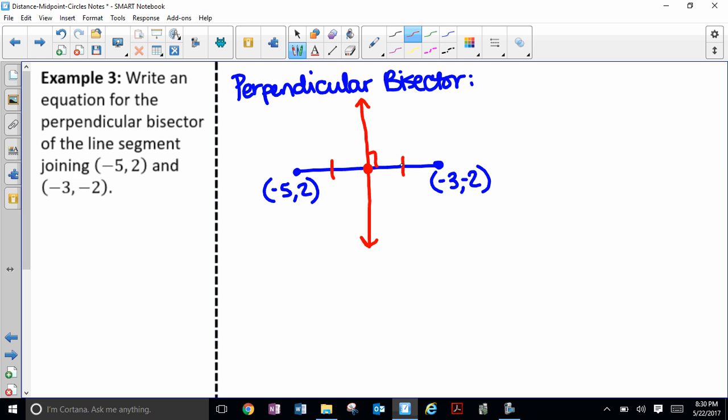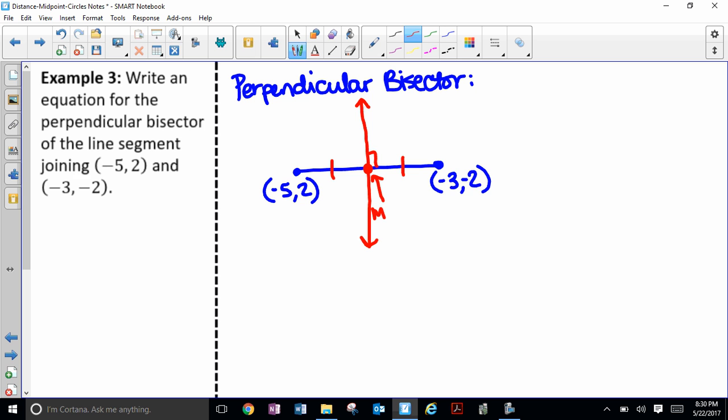That's what these slashes are showing, that the length from this endpoint to this point is equal to the distance from this endpoint to this point. So if these 2 smaller segments have to be the same length, what does this point have to be on the line segment?